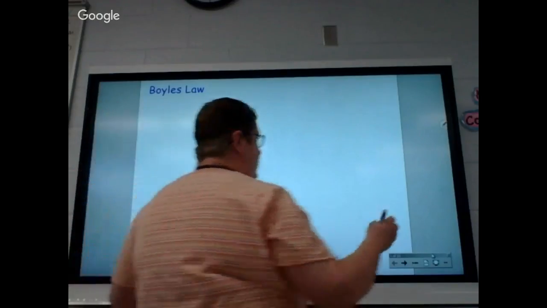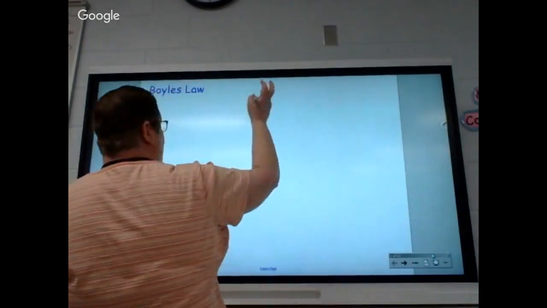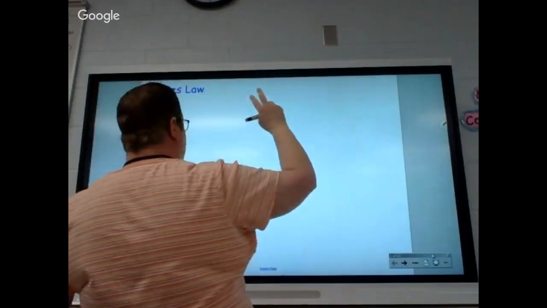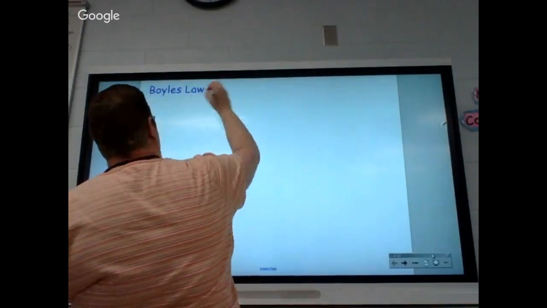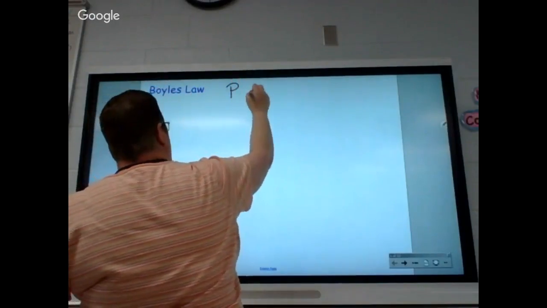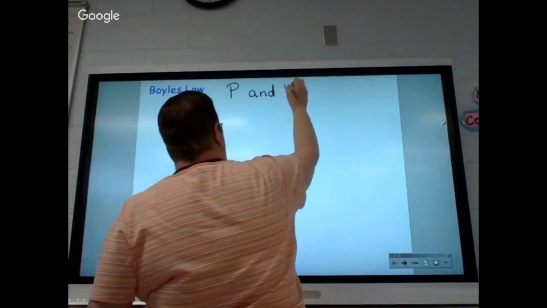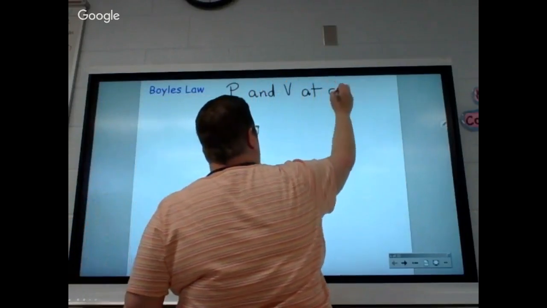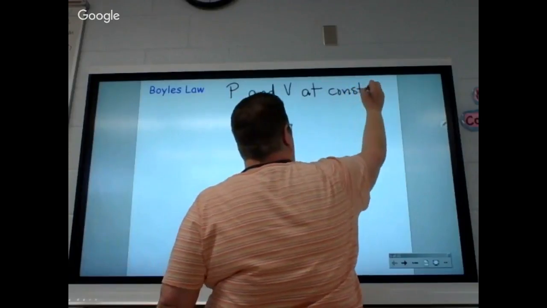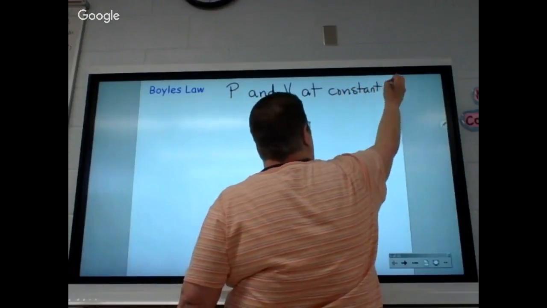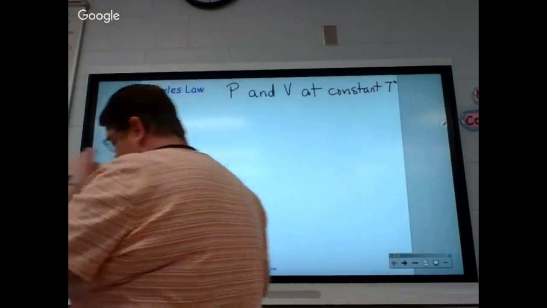So, to give you a little background, Boyle's Law, just so you got a little bit of a headline, because all of these are going to have variables. Boyle's Law is pressure and volume at constant temperature. Okay?